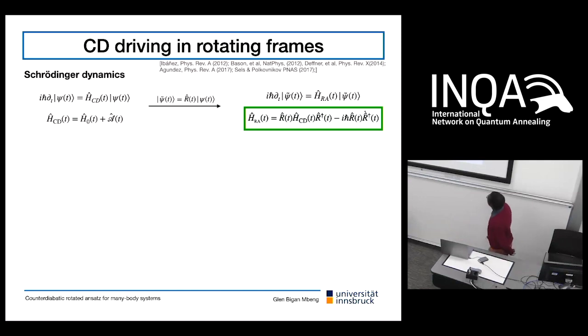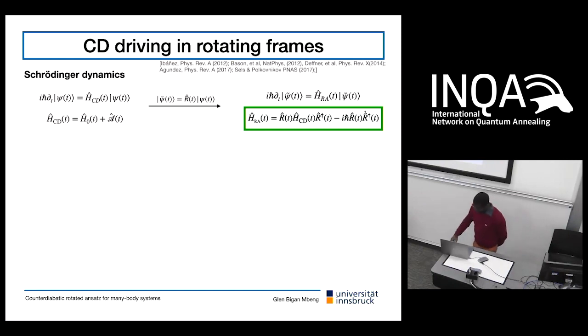To try to solve this problem, we consider the approach of counterdiabatic driving in rotated frames. The idea is that we can rewrite our Schrödinger equation in a rotated frame, where we have introduced this frame rotation. Now for the psi tilde, the Schrödinger equation reads like this, with a new Hamiltonian H_R, which we have here.